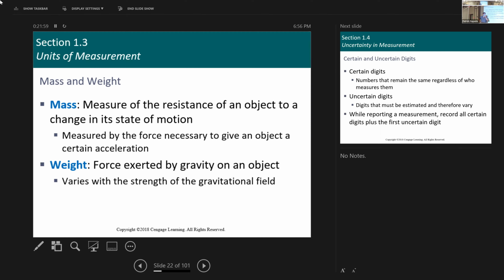So this comparison from pounds to kilograms is technically not a good conversion factor. It's just true on Earth, because if you go to the moon, your mass will stay the same. The amount of atoms inside of you won't change, but your weight will drastically decrease. So if you ever want to lose weight, just go to the moon, and you won't lose any atoms. But yeah, that's the difference.